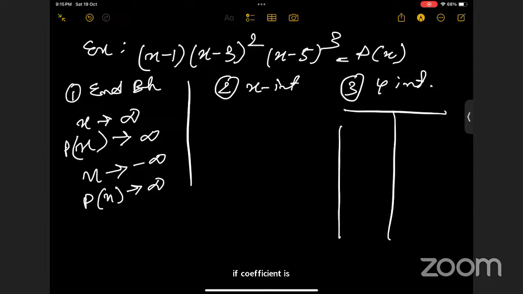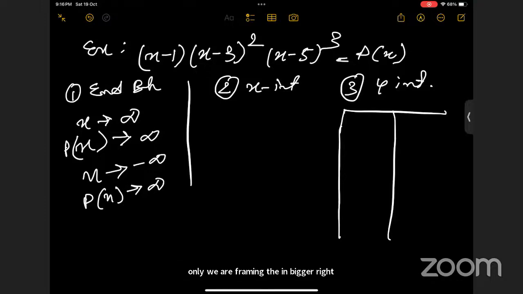So you know how to calculate the highest degree and coefficient, right? So there is no issue with this, right? Ma'am, the end behavior you defined is for the highest degree of the whole multiplication, right? Yes.